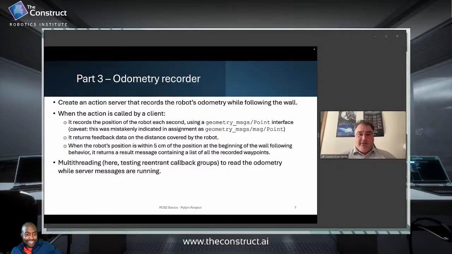On the two types of callback groups you used, what are the main differences between the two? The other time you mentioned using mutually exclusive ones, and then this time re-entrant callback groups. Yeah, they both allow callbacks to run at the same time. We use the mutually exclusive usually when they're reading or writing sensors or variables at the same time, because otherwise we wouldn't know when the variables had been updated.